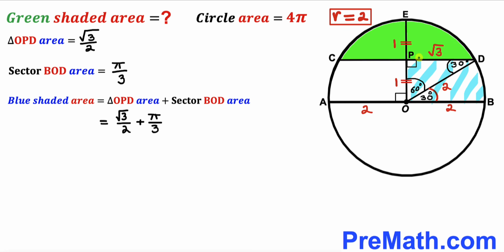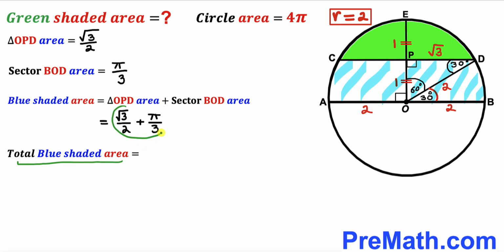And now let's make an observation. We can see the area of this blue shaded part is congruent to this part as well by the definition of symmetry. So the total blue shaded region area is going to be 2 times this blue shaded region area. So therefore our total blue shaded region area is going to be 2 times this area, which is square root of 3 divided by 2 plus pi divided by 3.